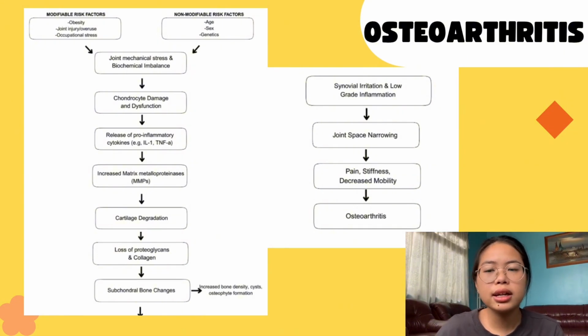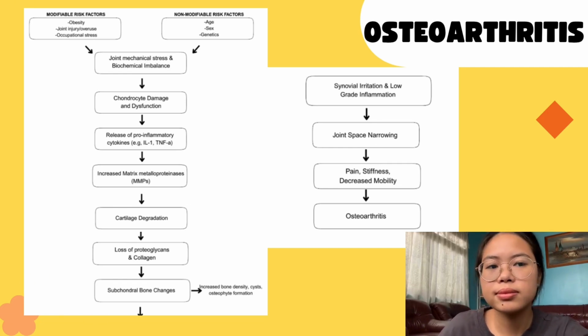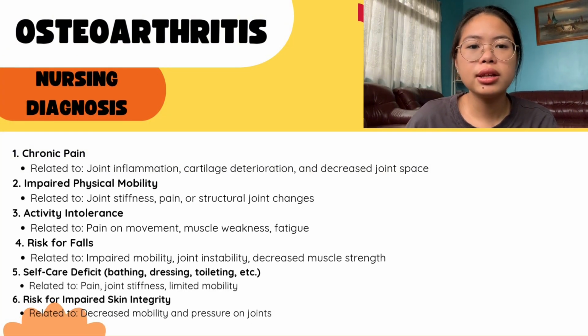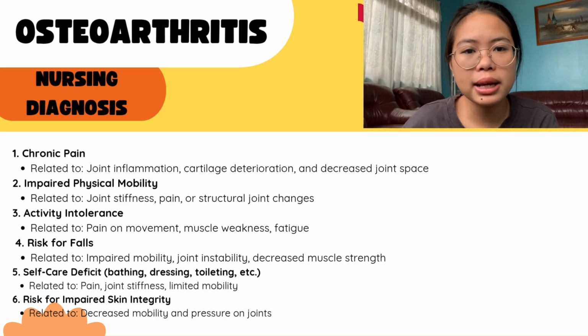These changes irritate the synovial membrane, causing low-grade inflammation, narrowing the joint space, and over time, this results in pain, stiffness, and reduced mobility, classic signs of osteoarthritis.